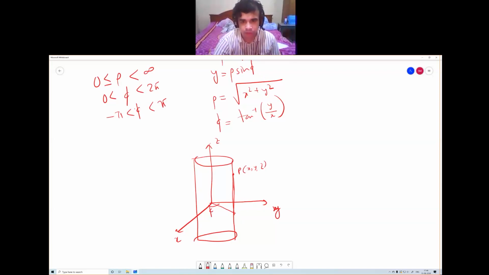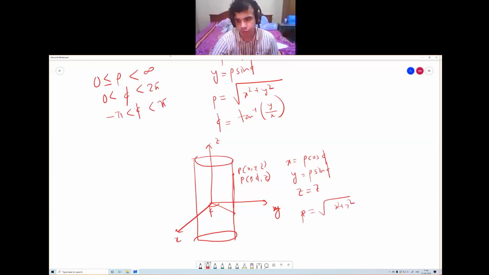So this can be given as rho, phi, z, where x equal to rho cos phi, similarly y is equal to rho sin phi, z equal to z. What is the reverse conversion? Exactly the same. Rho equal to square root of x square plus y square, phi equal to tan inverse of y by x, z equal to z.